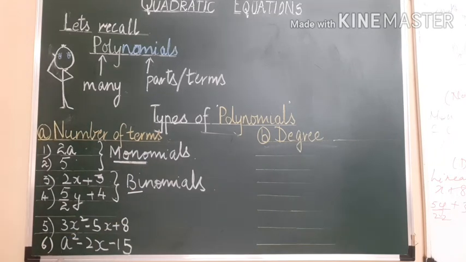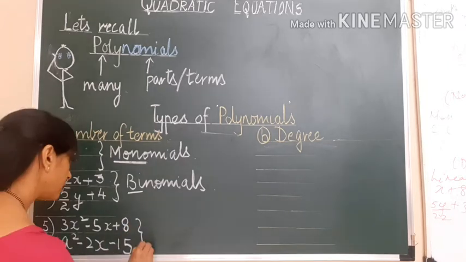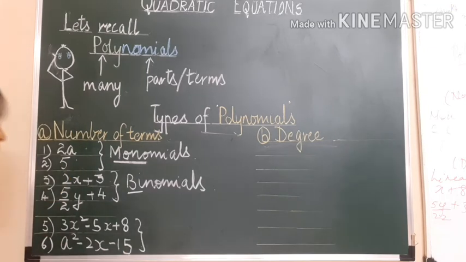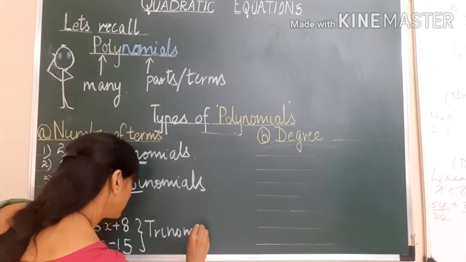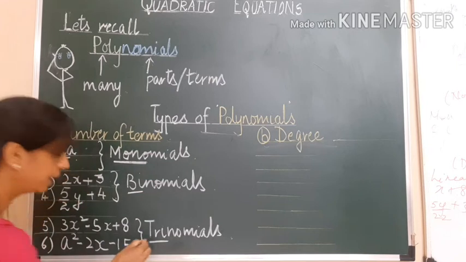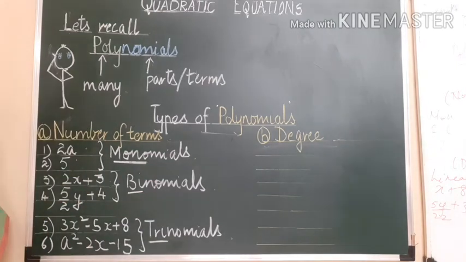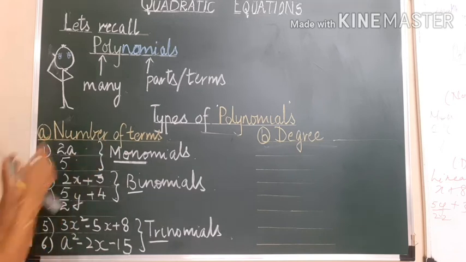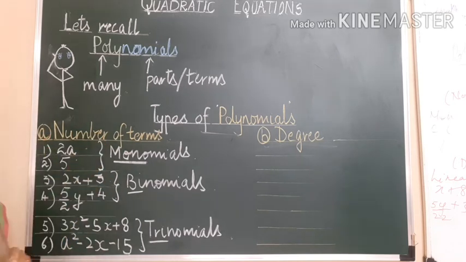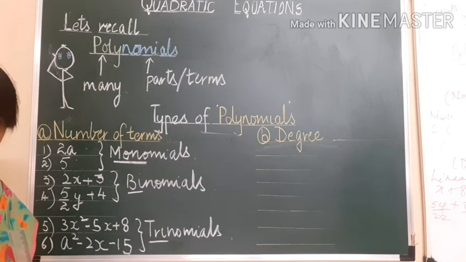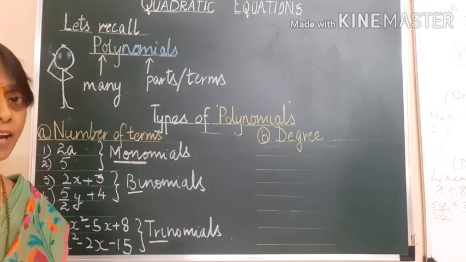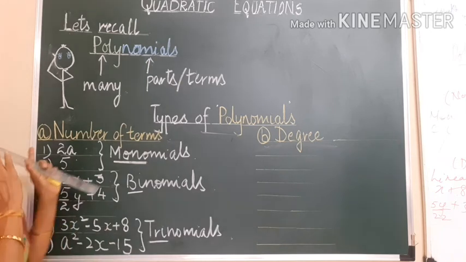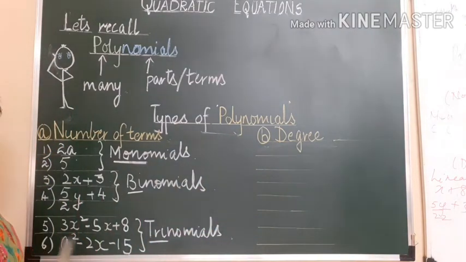Next, the remaining two examples, where you have polynomials having three terms, can be called trinomials. Tri means three. So children, you can have polynomials having one term, two terms, three terms, four terms, five terms and so on. Later on you can call it a polynomial of four terms, a polynomial of five terms and so on.